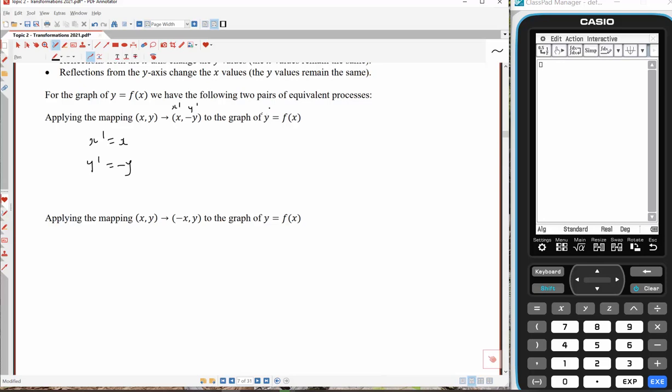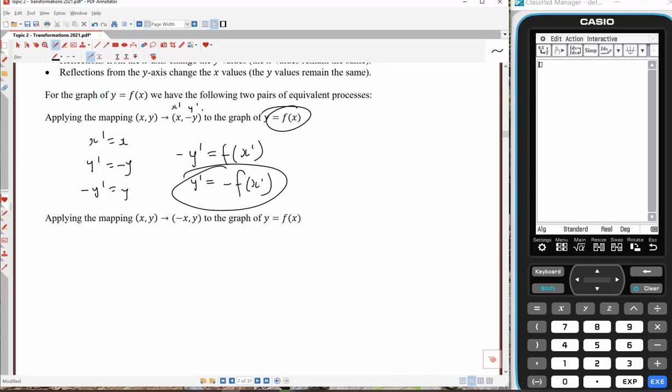Right, so here's our original. Okay, let's create our image. So our image is going to be negative y dash equals y. So negative y dash goes in, equals f of x dash. Y dash, our image, is created by doing negative f of x dash. Right, so that is the equivalent process.